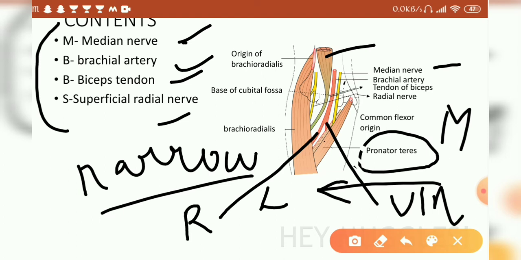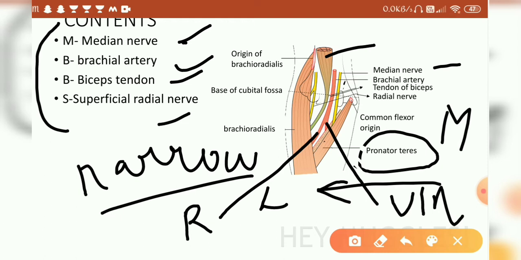Then we have radial nerve. That is a superficial radial nerve. So the radial nerve is present in the gap between the brachialis muscle, which is present medially, and brachioradialis muscle laterally. So the radial nerve is present between the gap of brachialis muscle and brachioradialis muscle.